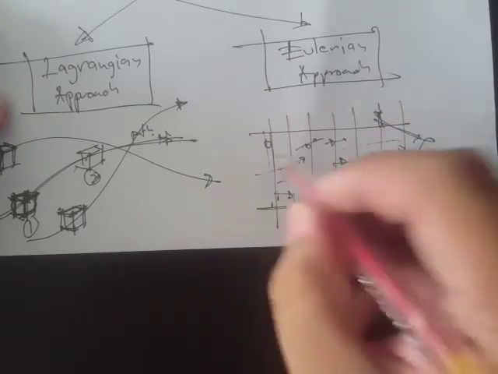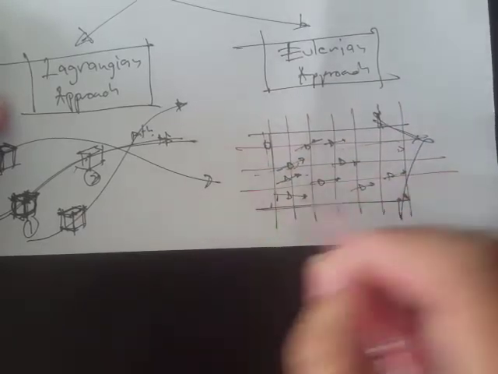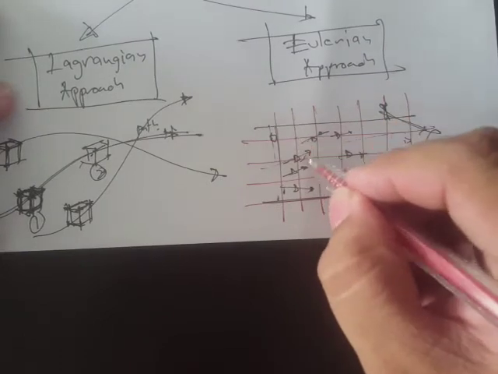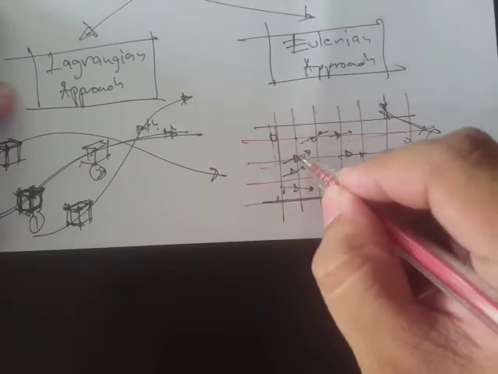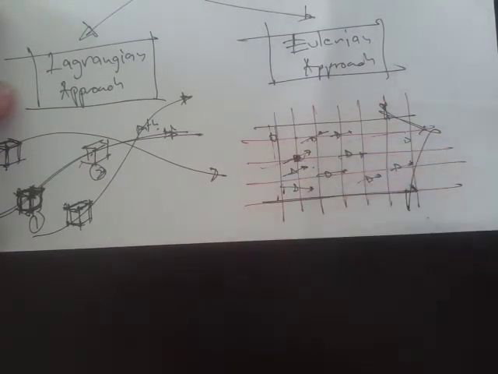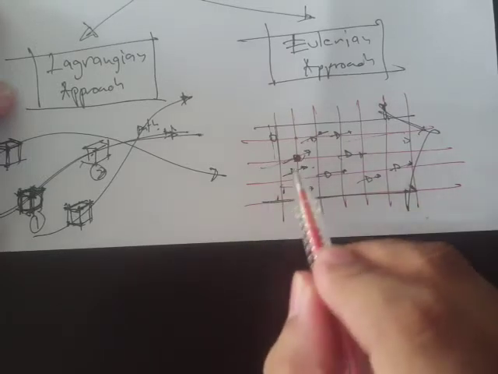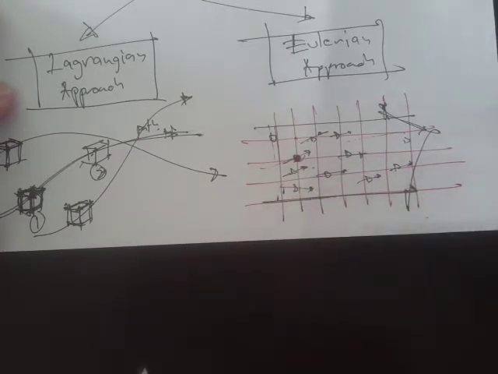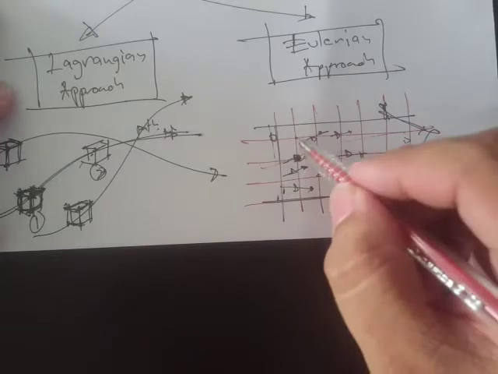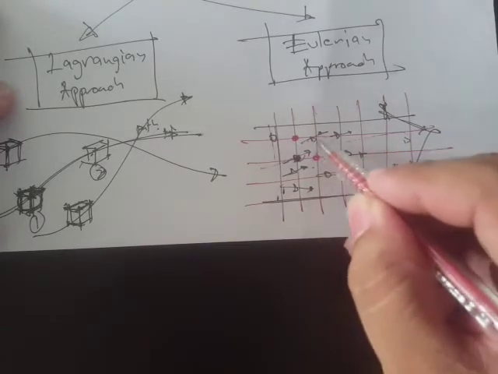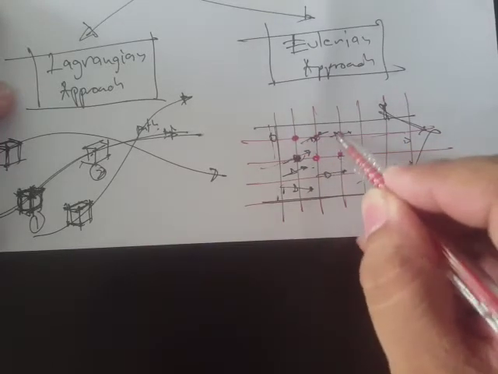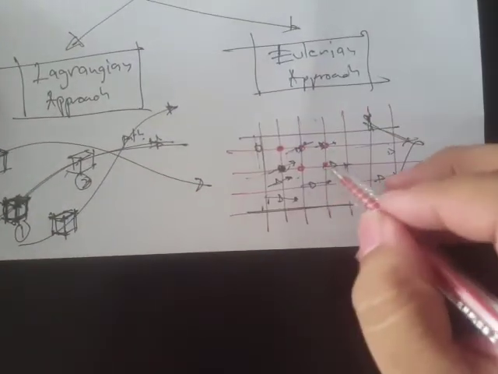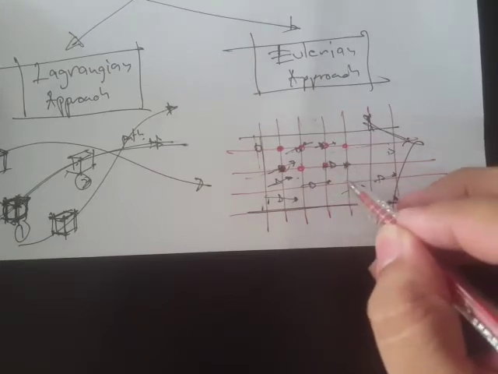There's a grid right here, and it registers the velocity at this point, of the fluid that passes at this point at a particular time.